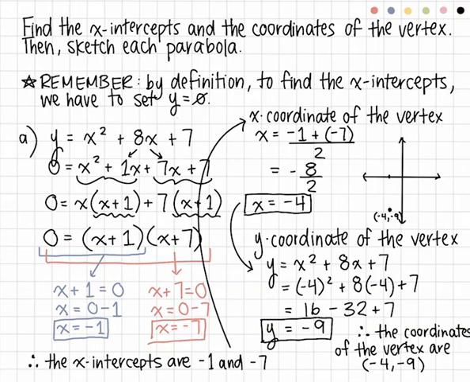So I have one x-intercept at -1, and I know my y value will be 0. So I can go over and move to -1. That's my first one here, -1, 0. And then I've got another one at -7, 0. And now with these 3 points, I can go ahead and sketch my function here. And I'm going to label it y equals x squared plus 8x plus 7.